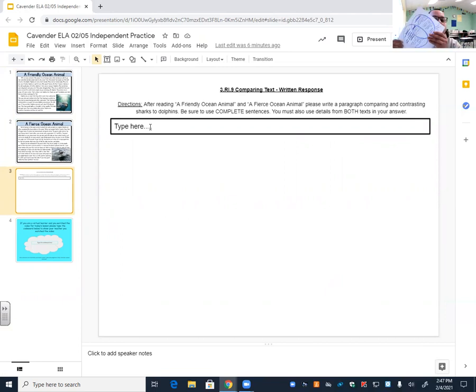I strongly encourage you to use a Venn diagram. If you do use a Venn diagram, I am prepared to offer you 5 points extra credit. So take a picture of this and send it to your teacher on Dojo or through email, and you'll get 5 points extra credit.